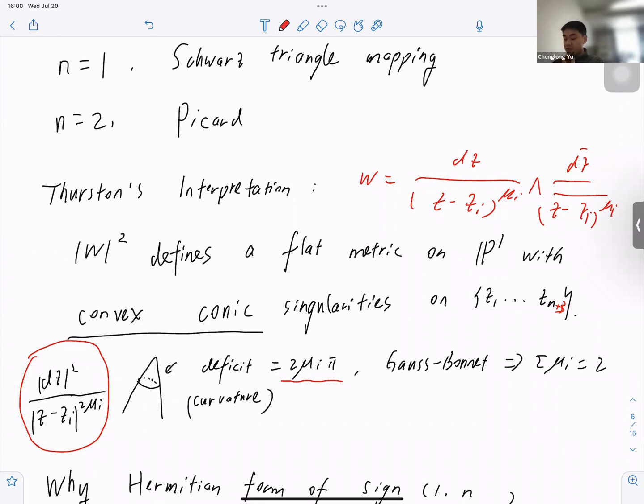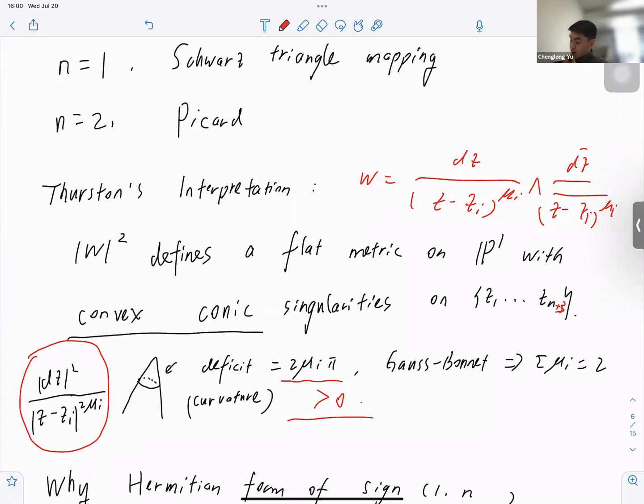You can also view this as a curvature of this singular metric, and this curvature is positive, since the sphere has a positive Euler characteristic. Then Gauss-Bonnet tells us that the condition on mu I is just the Gauss-Bonnet theorem, which means that the sum of the contributions of curvature at each singular point will give us 4 pi.